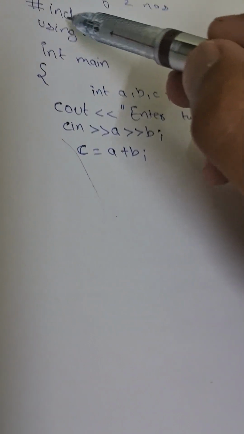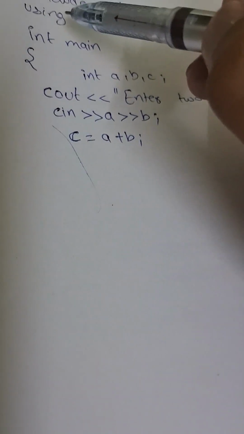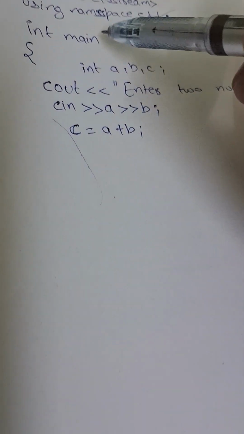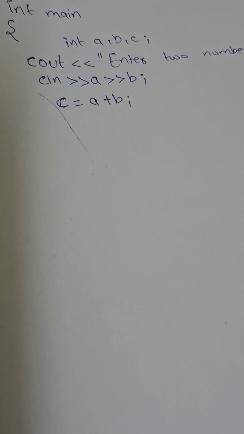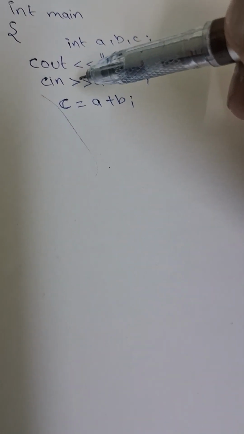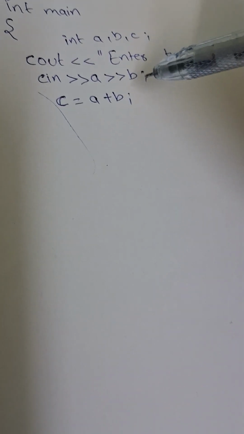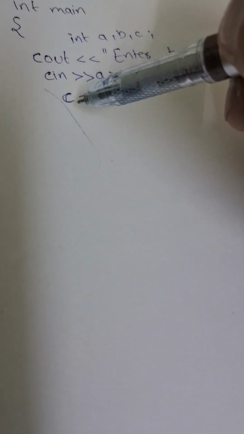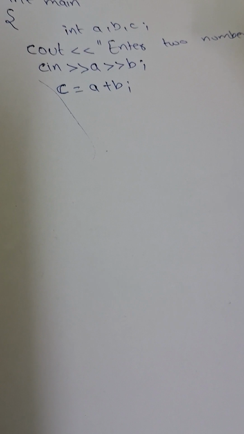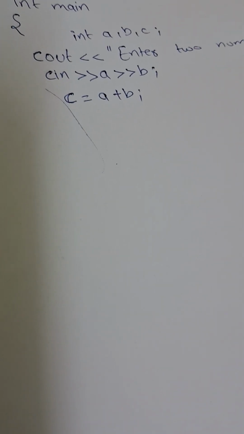So, you know, include iostream, we write using namespace, we write the main function starts here, and what we have to print, like enter two numbers. cin is for taking the input in C++, and c equal to a plus b is used to add these two numbers.